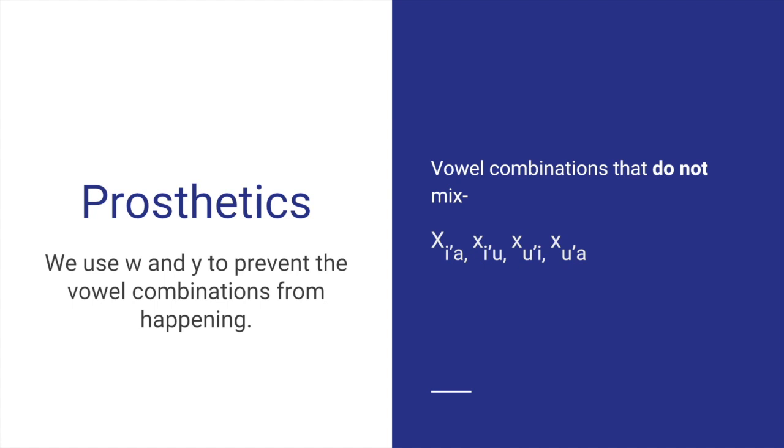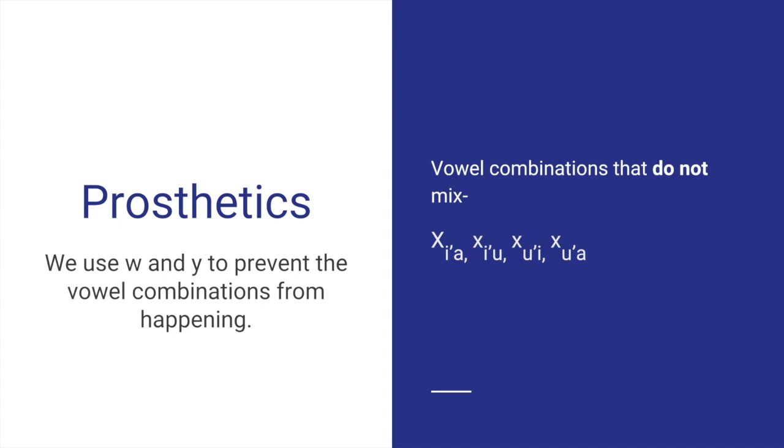We use W and Y to prevent these vowel combinations from happening because I'(A) never happens. If it happens, it is wrong. It is a misspelling and it needs to be revised. I'(U) never happens. U'(I) absolutely not.